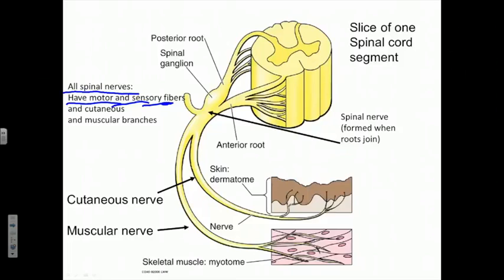Believe it or not, muscles have a sensory innervation, and from skin that covers those muscles. So it's easy to remember that every branch of a spinal nerve, not just including the ones that innervate the upper limb, consists of motor and sensory fibers.